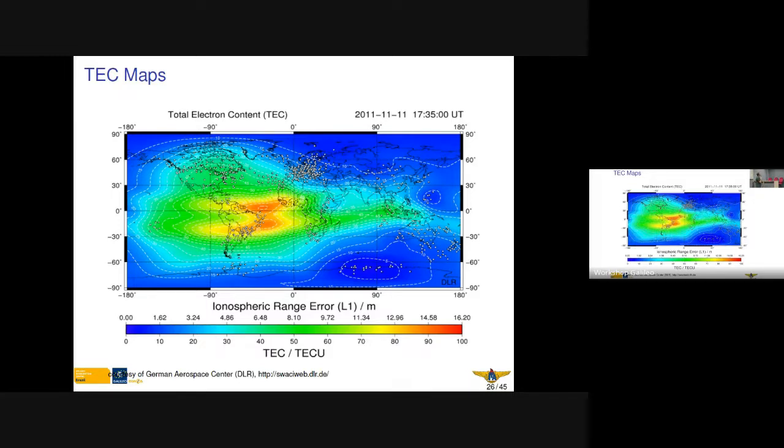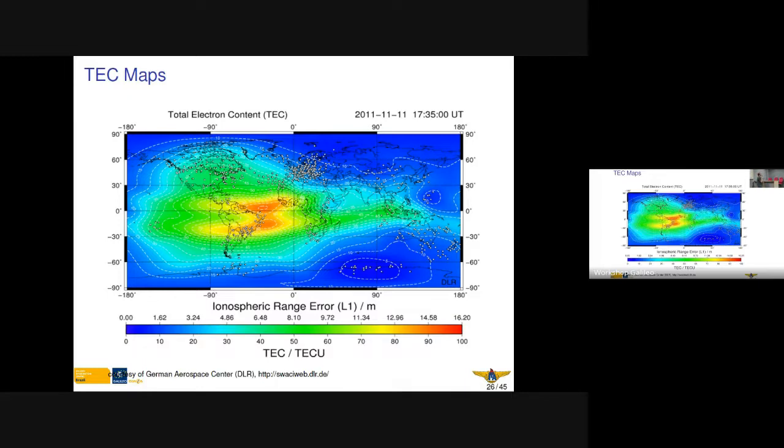This is then the ionosphere range error given in meters. That is what you can see in the color scale, and you can also see the relation to the TEC in TEC units from 0 to 100.